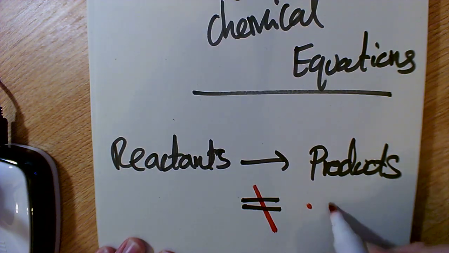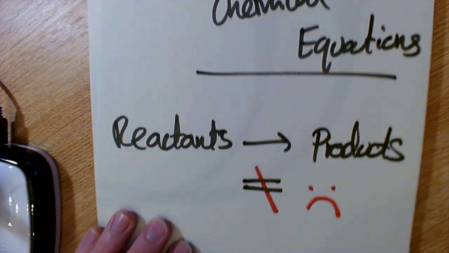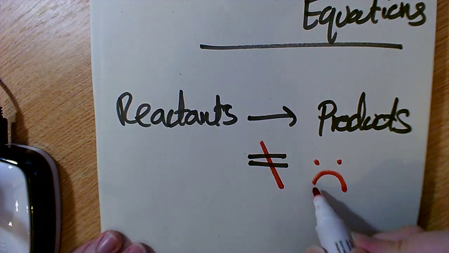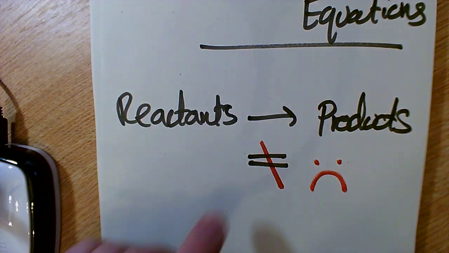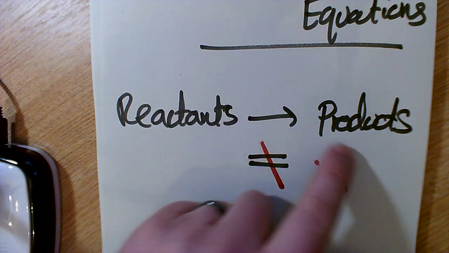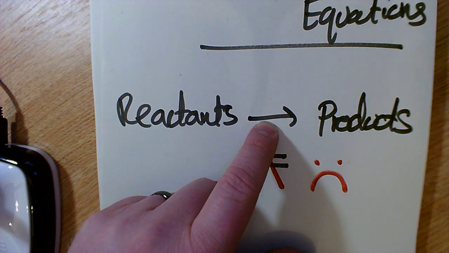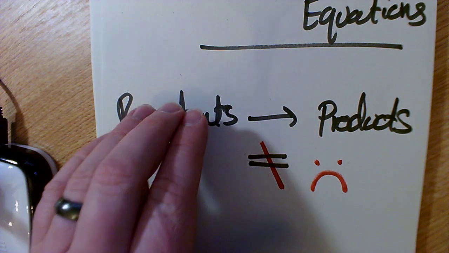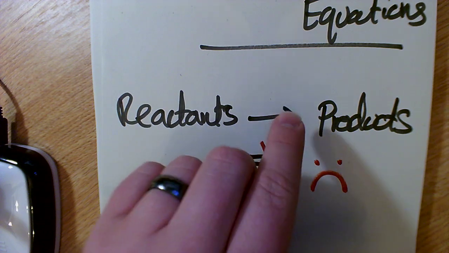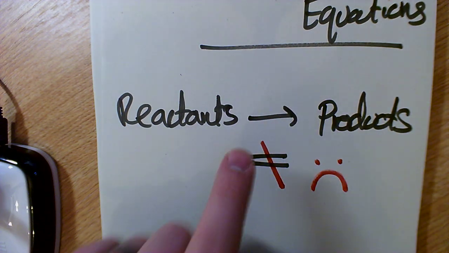That is frowned upon, so please don't use equals signs for chemical reactions. Always use an arrow. What that arrow means is that it reacts to make. So this reads as reactants react to make products. Please don't use an equal sign.